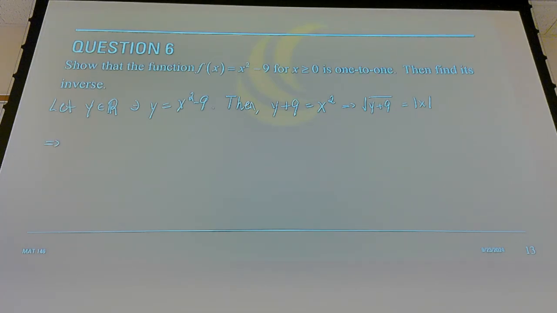But remember what we're told about x. Has to be greater than or equal to 0.